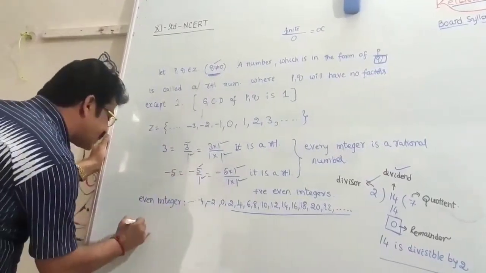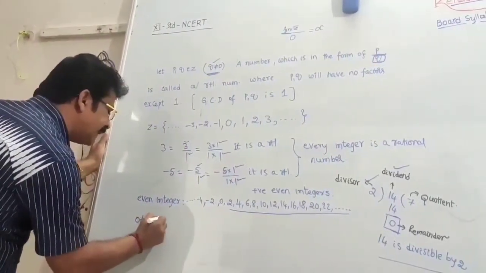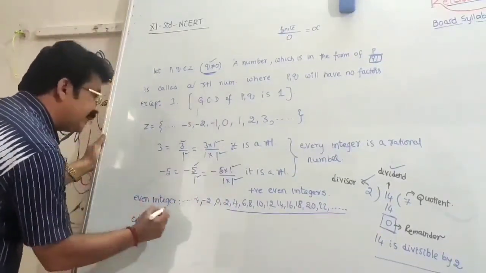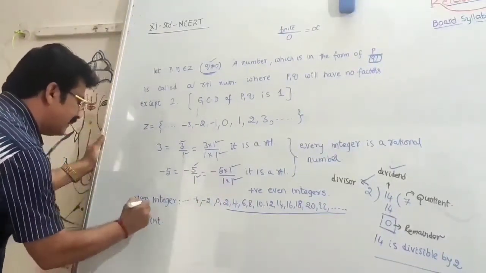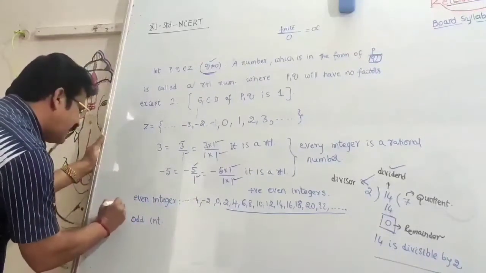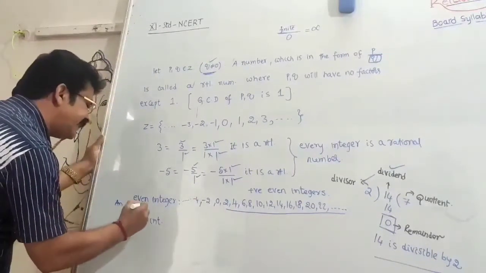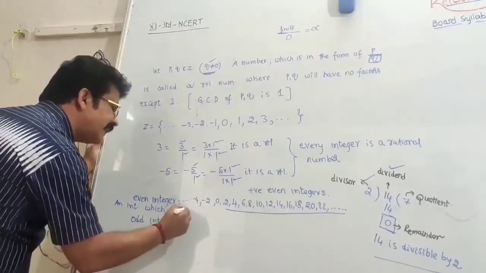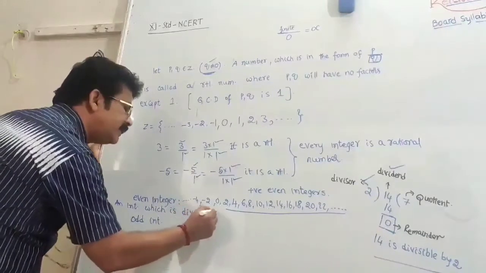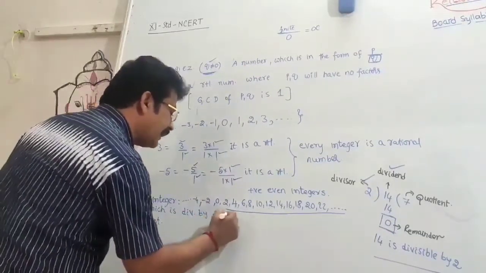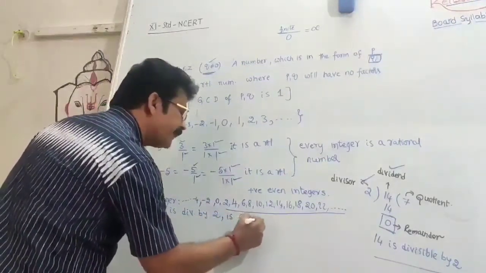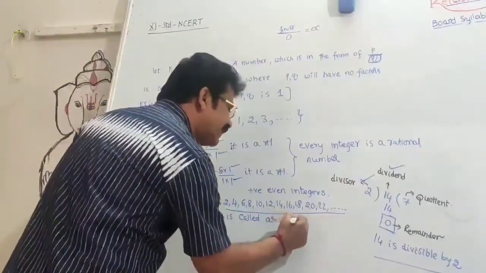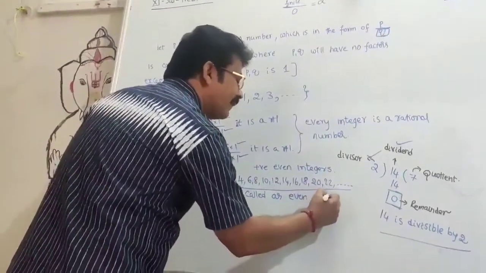Next, odd integers. Here, I will write the definition. Even integer means an integer which is divisible by 2 is called an even integer.